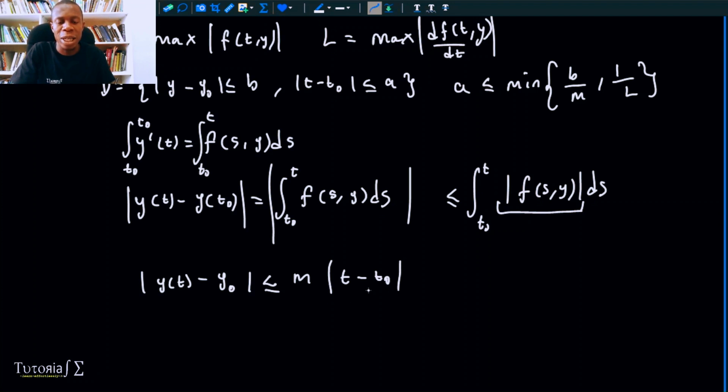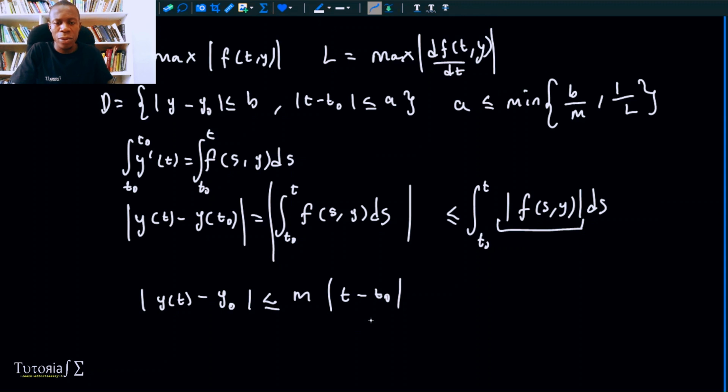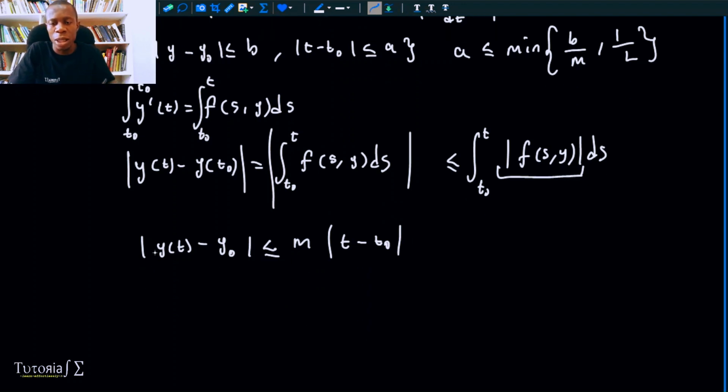We notice that t minus t₀ is less than a, so we can create a bigger bound. So we have |y(t) minus y₀| less than or equal to Ma, right?